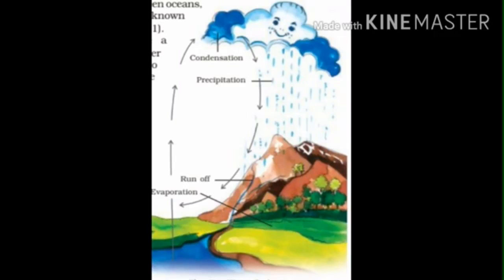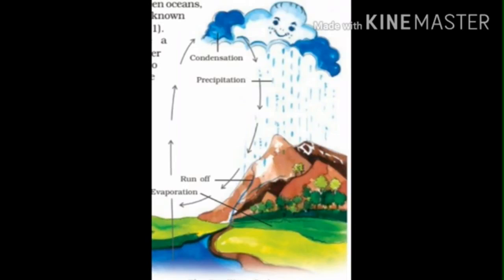The process of conversion of vapor into liquid form is called condensation. Clear children? What is the third process? Precipitation. The falling of water on the earth's surface in liquid or solid form is called precipitation. Clear children?